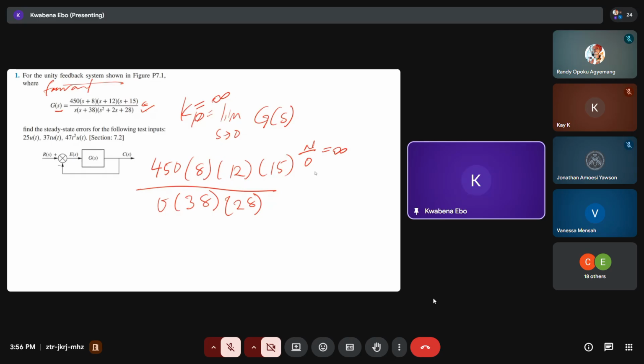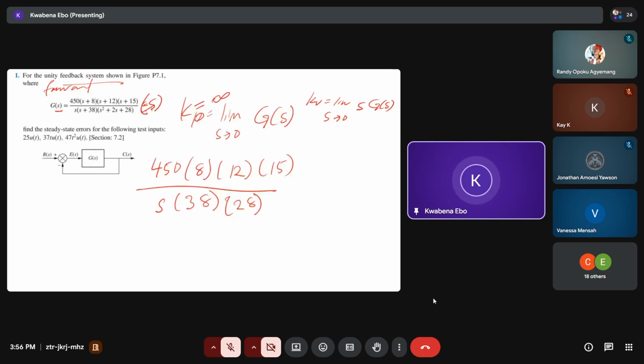Now let's go to finding the Ka. Kv, sorry, yeah. Let's go to finding the Kv. For Kv, the formula is the limit as s approaches zero of s multiplying g of s. So this is our transfer function g of s.